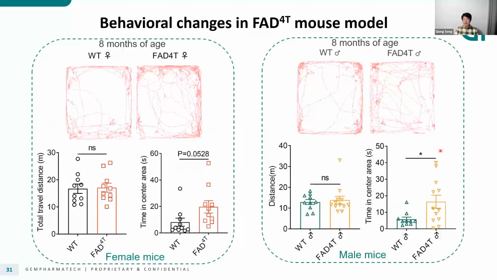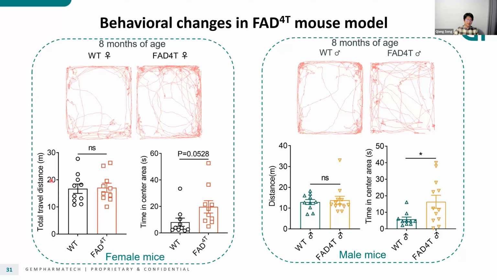And to document the behavioral changes in the FAD40 mice, we employed a battery of behavioral test paradigms in age and sex matched wild-type and FAD40 mice. And here this slide shows the open field test result in the 8 months of age wild-type and FAD40 groups.